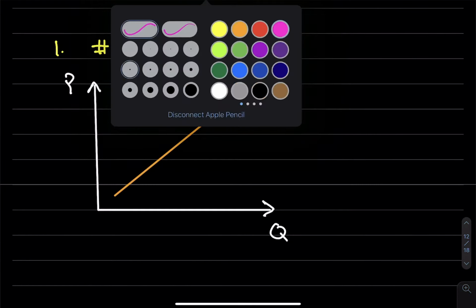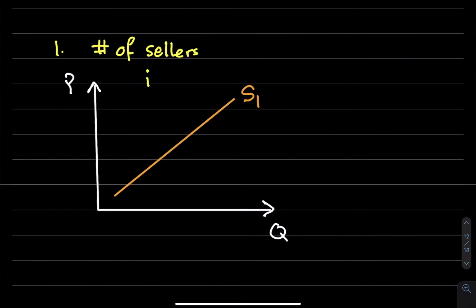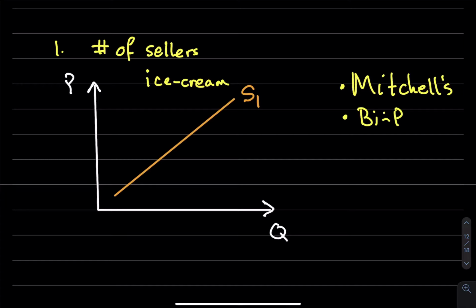Let's say we were talking about ice cream, and maybe earlier we only had Mitchell's ice cream and Bi-Rite ice cream, and these were the only 2 sellers of ice cream. And now we have many more. We may have Smitten ice cream in Hayes Valley.